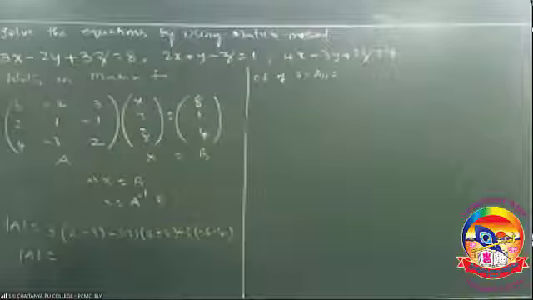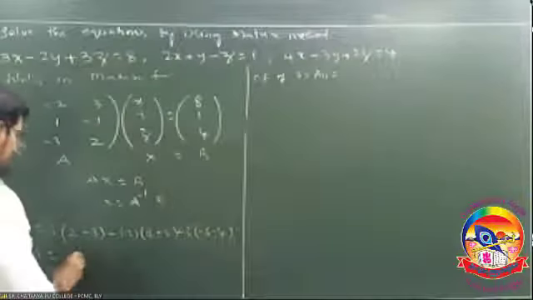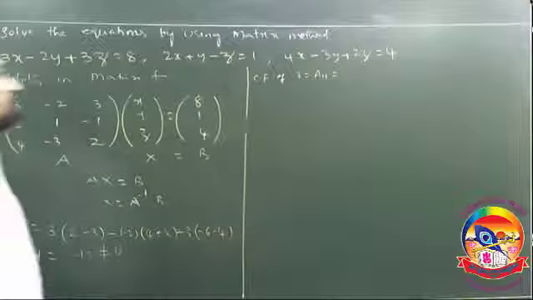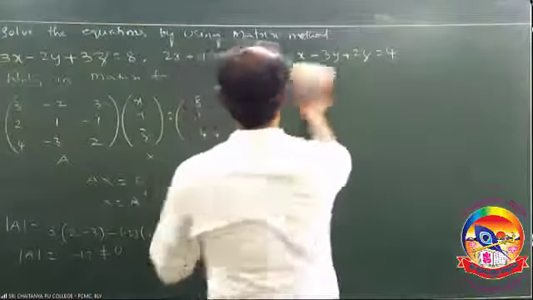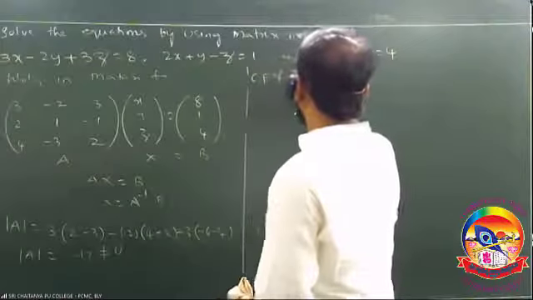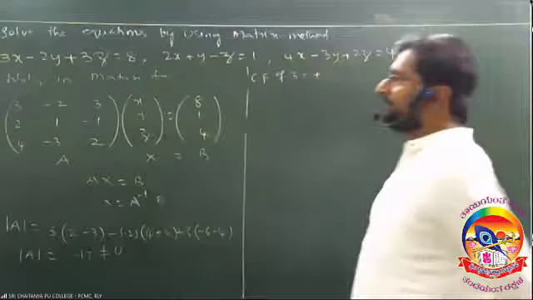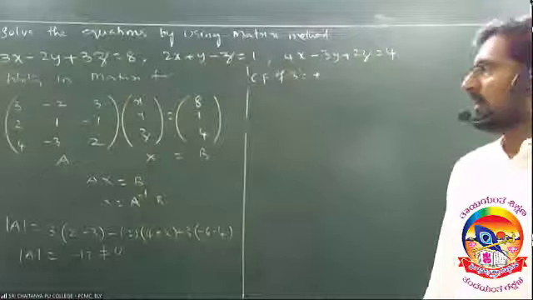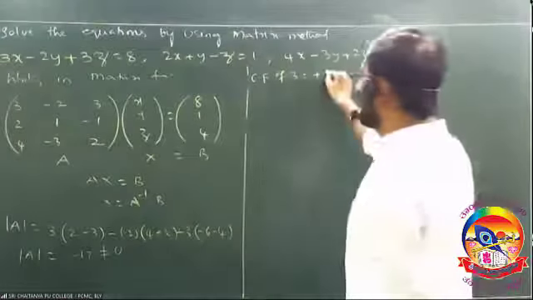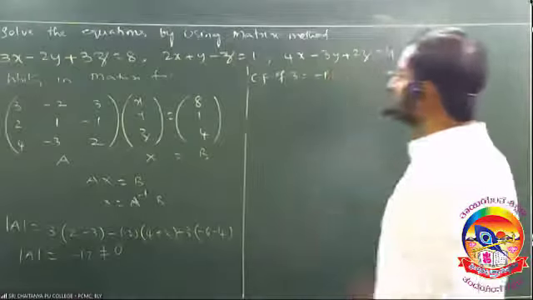I think you should get minus 17, which is not equal to 0. So find out the cofactor of 3 here. Cofactor of 3 is equal to positive of, which is nothing but A11. And this one you are going to get 1, it is minus 1.